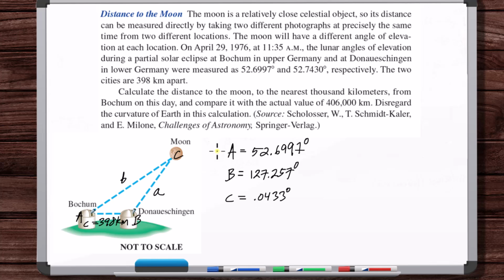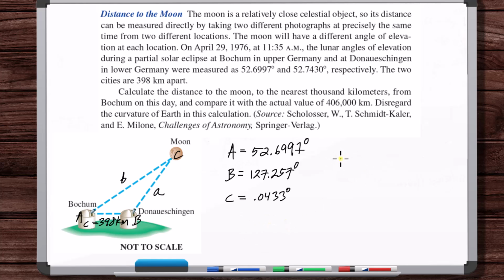Okay. So now, what we're trying to solve for is side b here. So we can apply the law of sines. Let's put the side lengths in the numerator, which makes it a little bit easier. It doesn't really matter.